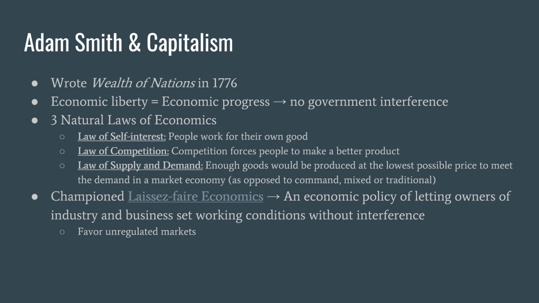He proposes 3 laws of economics: the law of self-interest, i.e. people work for their own good; the law of competition, meaning competition forces people to make a better product; and then finally the law of supply and demand. Enough goods would be produced at the lowest possible price to meet the demand in a market economy. So basically, you try to produce enough goods to meet the demand, or what people want in an economy.